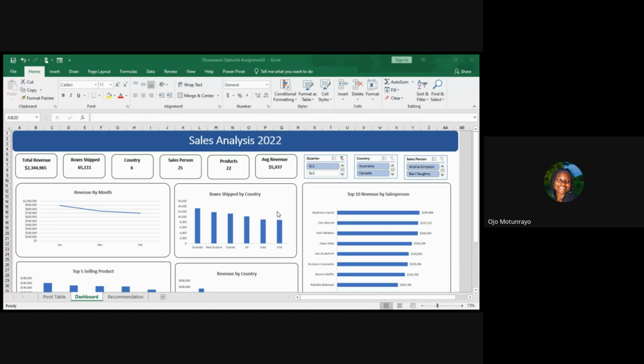I saw that your own two went down, so you can just make corrections to that. And the fact that you provided recommendations, so nice. It shows that you studied your data, and overall you've done well. Well done. Thank you so much.